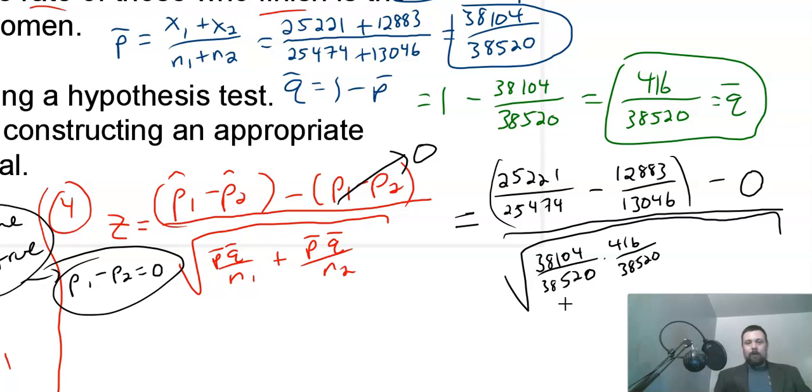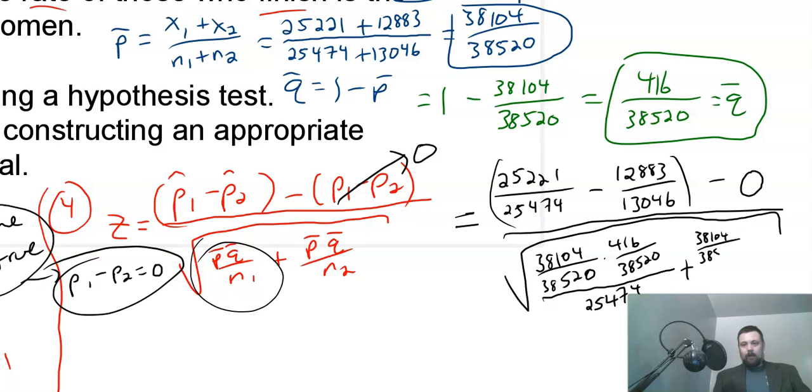That whole thing over n1, which was 25,474. That's just the first fraction. Plus, same thing again, P bar, which is 38,104 over 38,520 times Q bar, which is 416 over 385.